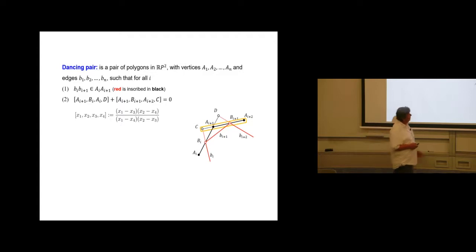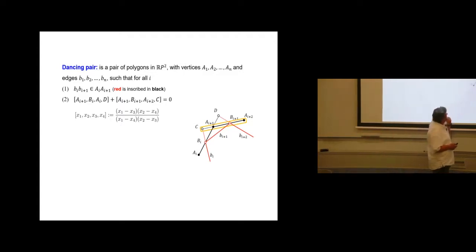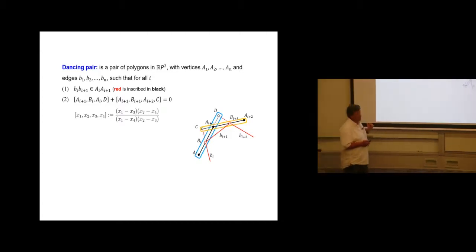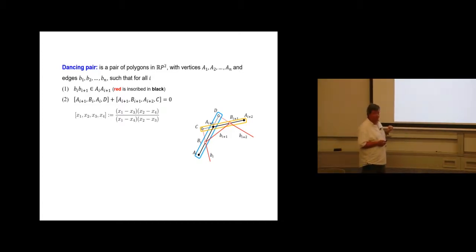We extend the edges, as this picture shows: a black edge and a red edge give you a new point, and a red edge and a black edge give you another point. Then we form two cross ratios, the orange one and the blue one, and the equation asks for their sum to be 0, one being the negative of the other. So that's the definition. Clear?